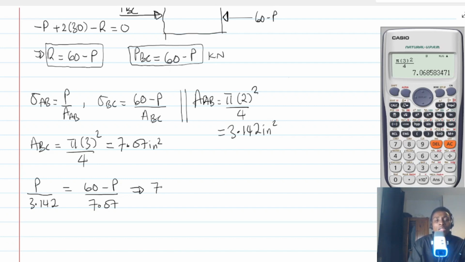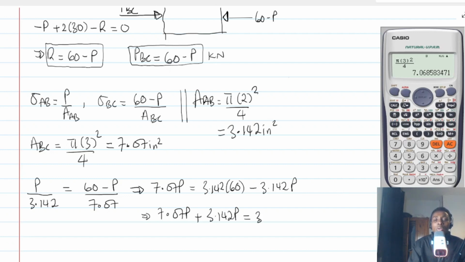So 7.07p, I'm trying to cross multiply, will be 3.142 multiplied by 60 minus 3.142 multiplied by p. So in other words, 7.07p plus 3.142p must be 3.142 multiplied by 60, right?